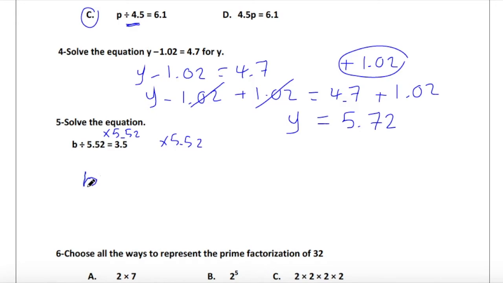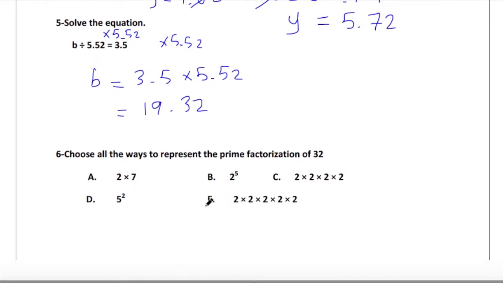So now it will be b equals 3.5 times 5.52. I think all of us can do it. So it will be 19.32.